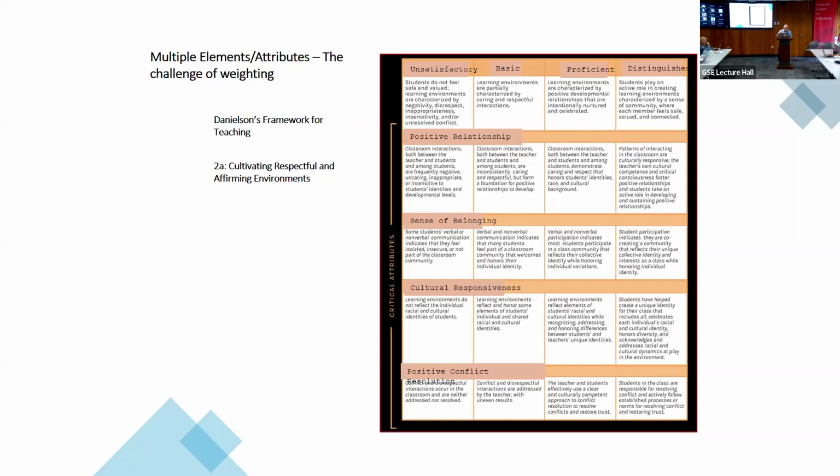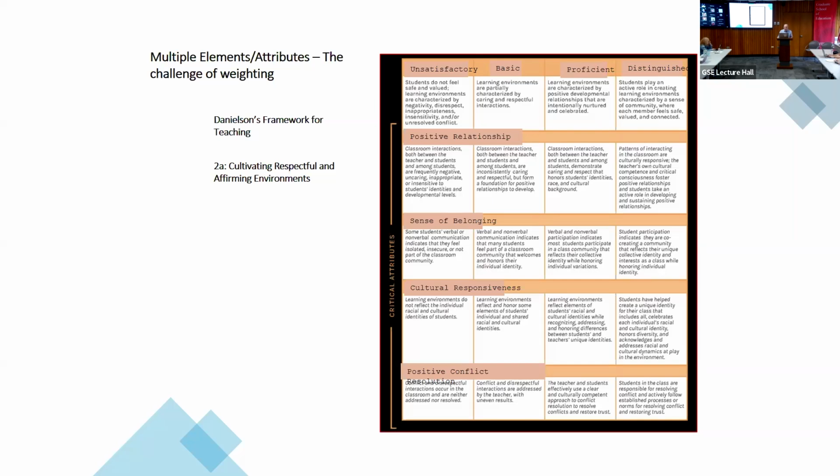So if we're looking at to what extent that classroom is cultivating a respectful and affirming environment, we want to look at positive relationships, a sense of belonging, cultural responsiveness, and positive conflict resolution.